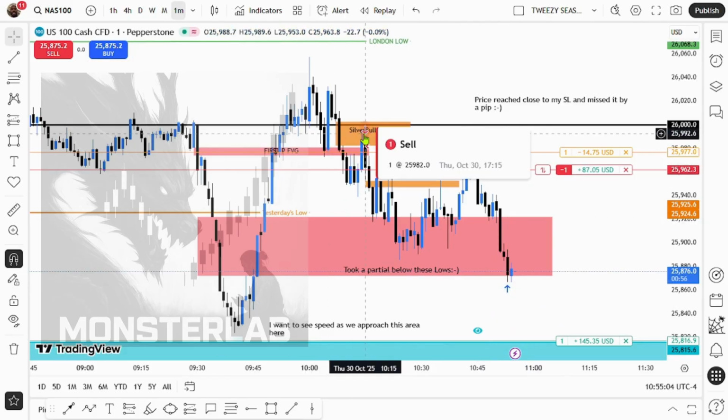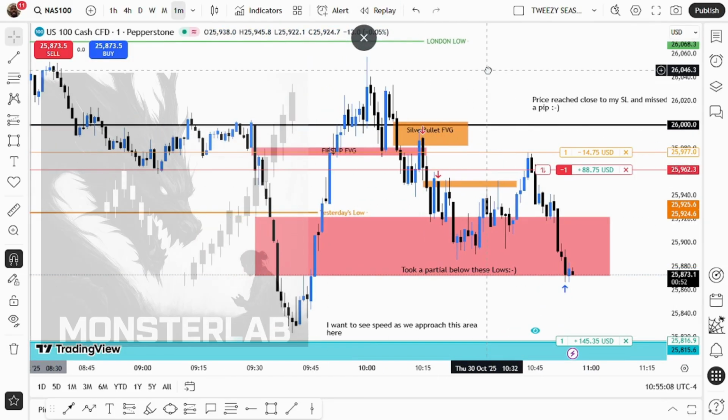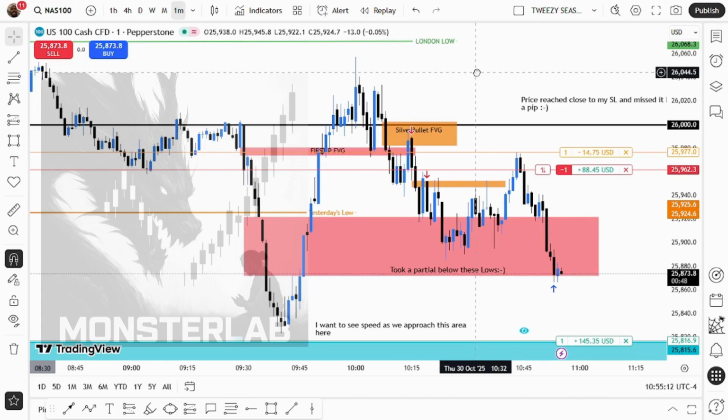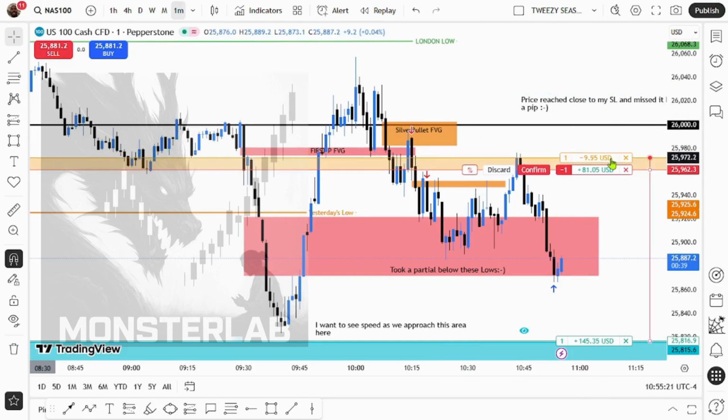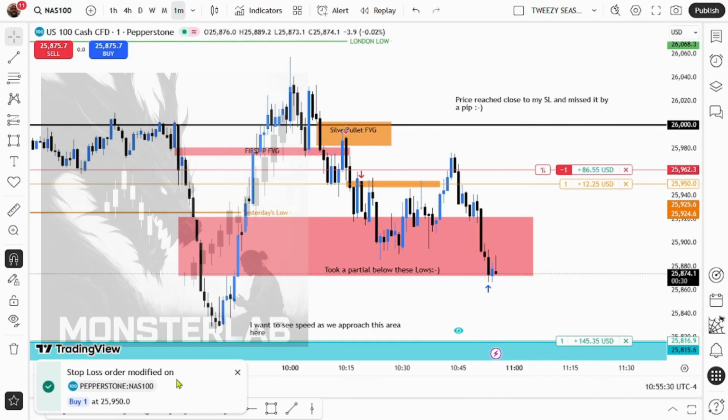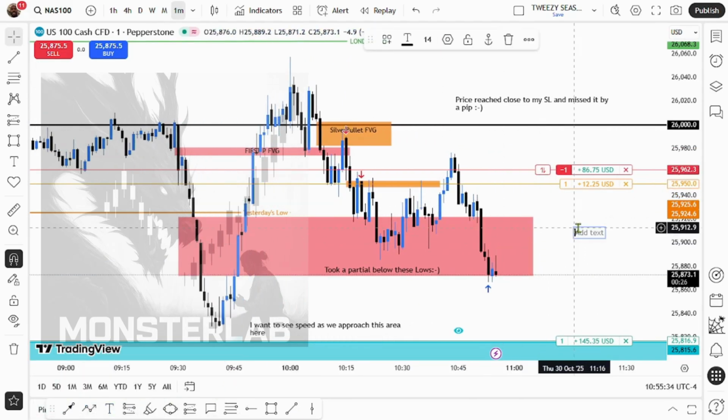So I've taken around 60% of my position out. I'm willing to hold the rest to my target. It's not a must for it to reach our target because I have paid the trade already. We have taken a partial around this area.